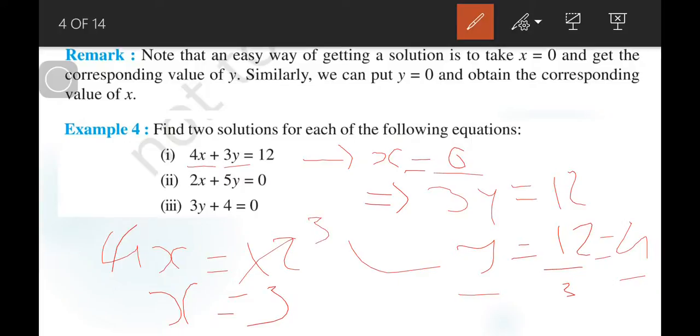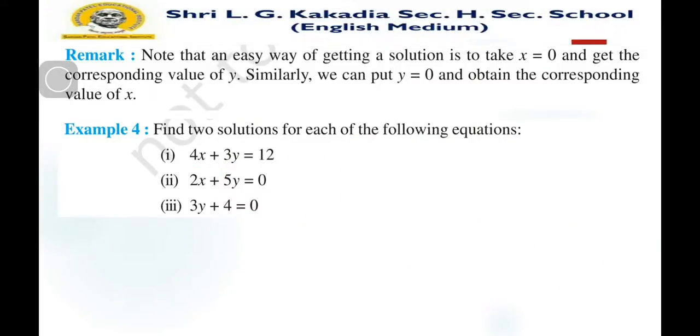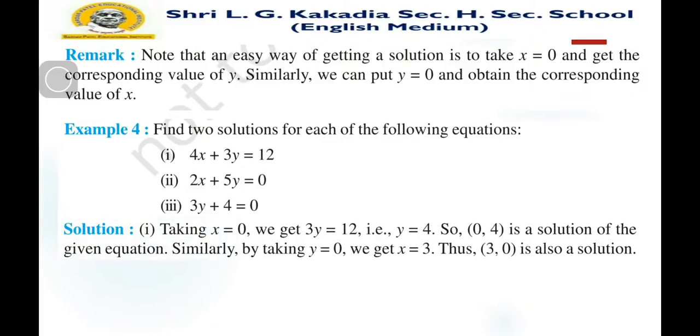4 threes are 12. So in this way, in all three equations, let's take x equal to 0, then you can find the value of y, and if you put y equal to 0, then you can find the corresponding value of x. By this way we can find two solutions for all the equations.